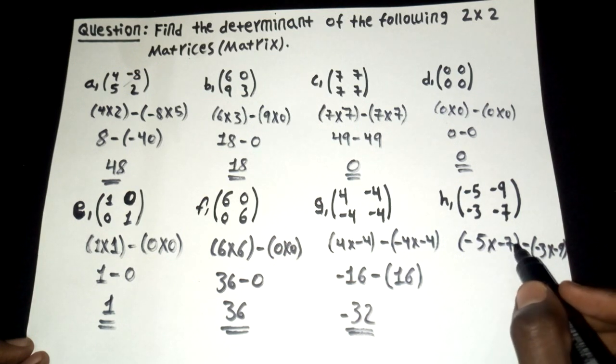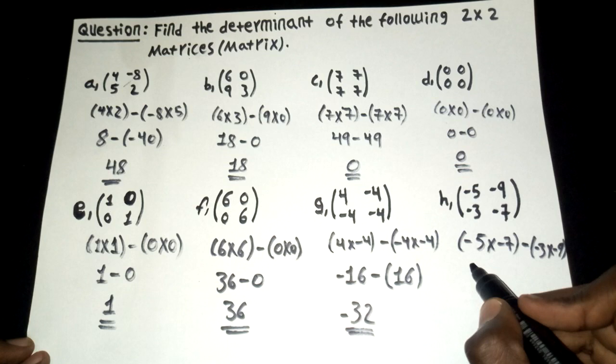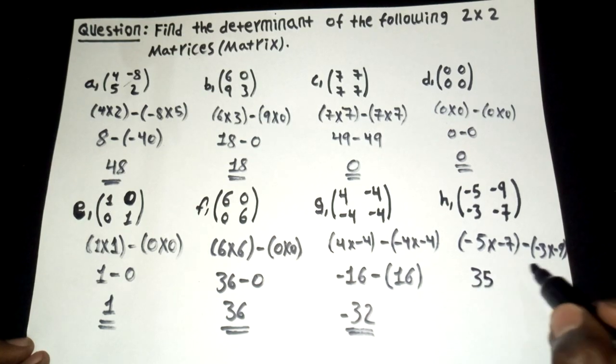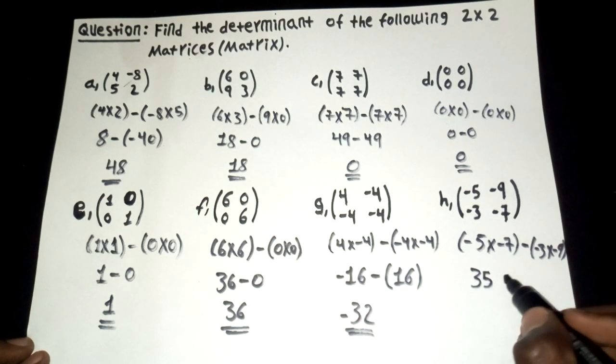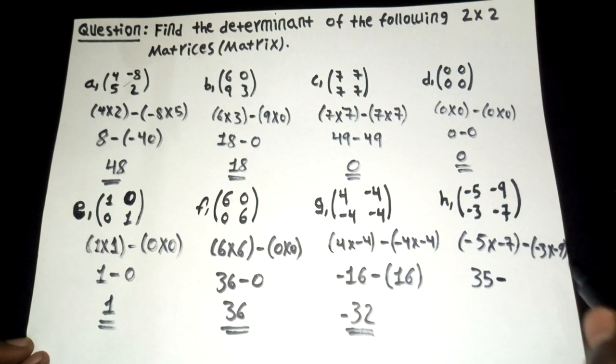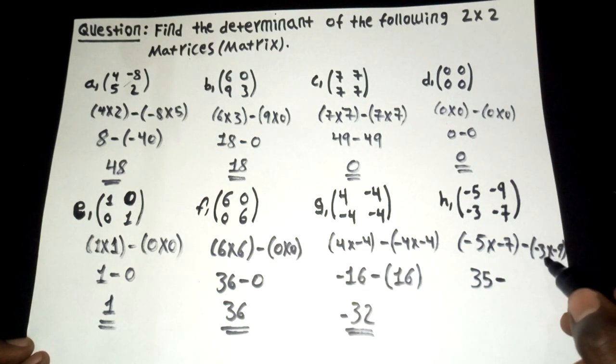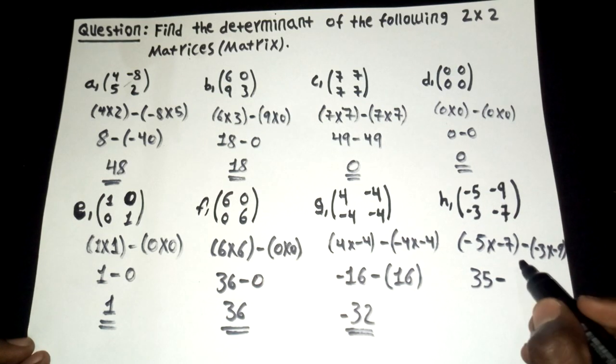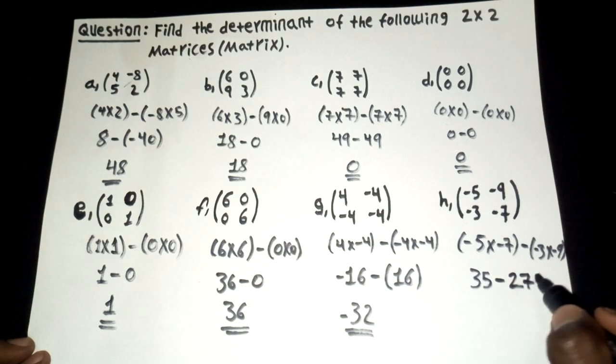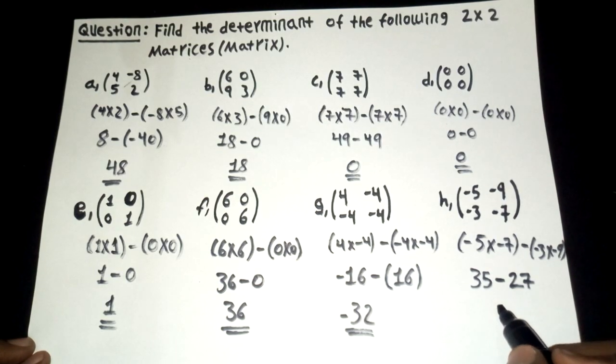So it is positive 35. Then do not forget the minus sign in the middle. Then minus 3 times minus 9, which is positive 27. So our answer will be 8.